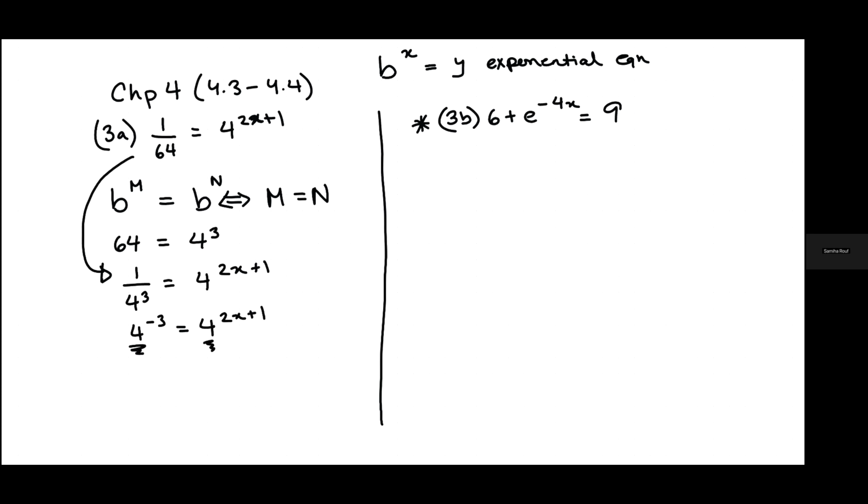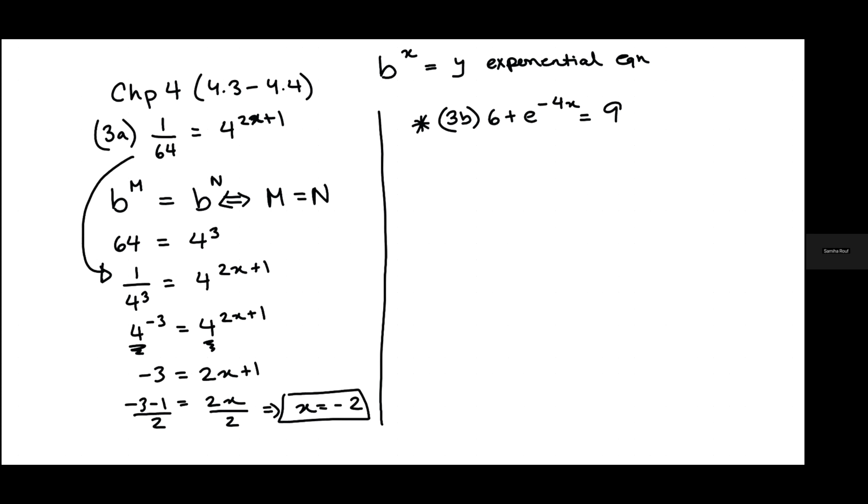All right, so here we clearly have the equivalence relation. We can set the exponents equal to one another and then solve for x algebraically. We can subtract 1 and then divide by 2. And this would give us x equal to negative 2. Now, it's always good to take your result and plug it back in to make sure it works.